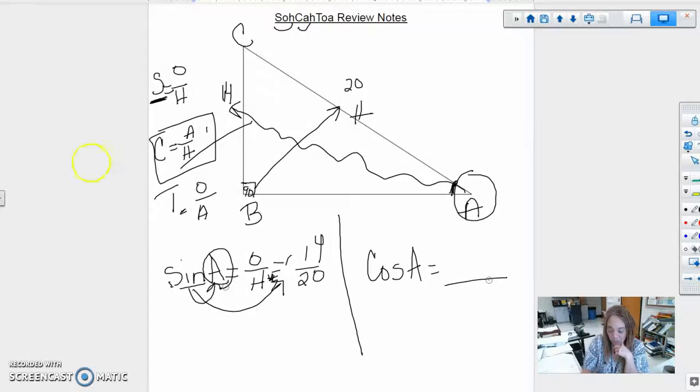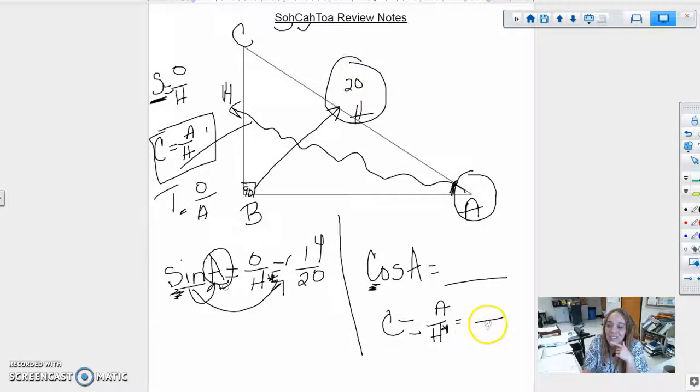So you need to know that C, because we're dealing with cosine now, sine started with an S, C equals A over H. That's the CAH part of SOHCAHTOA. So A over H. I'm going to put a little star on that H. H stands for hypotenuse. We already know the hypotenuse was 20. We've solved that already, because it's across from the 90-degree angle.